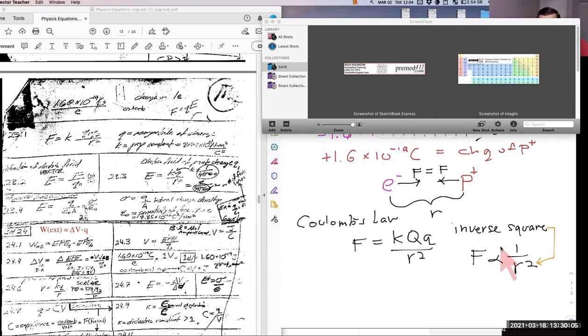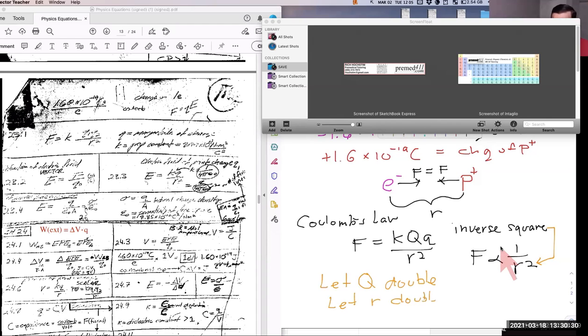So that's Coulomb's law. Now, we're not going to do any serious problem solving, but what we could do is say, let Q double. We've worked on some of these before. They're called proportionality problems. And let R double.